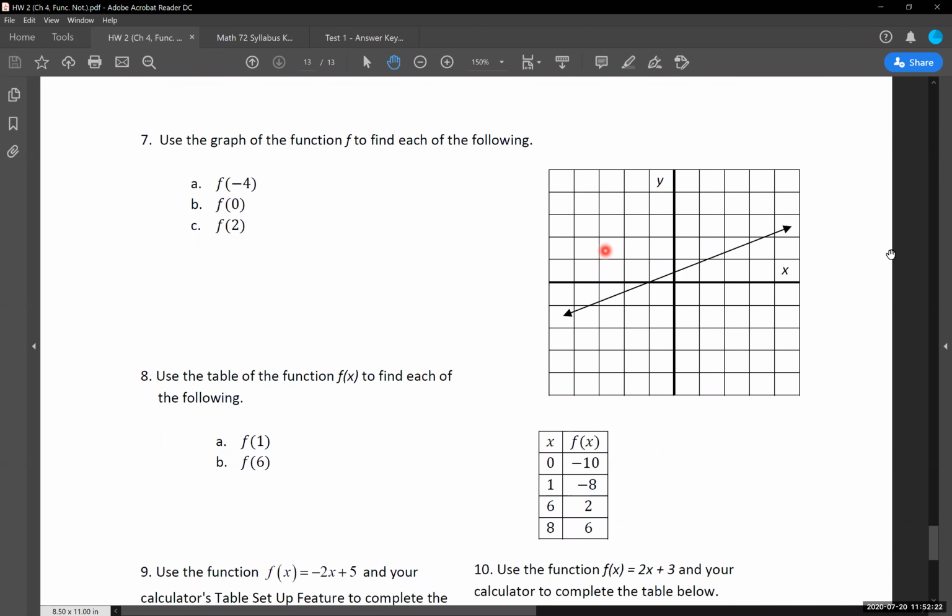So f of -4, again, we have been given an input value, so we need to find where that is on my graph. So an input value of -4, so it means I'm going 4 in the negative direction, my x values. So 1, 2, 3, 4. And I want to find what is f of -4. So I've been given an input value, we need to find the output value.